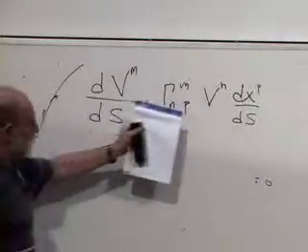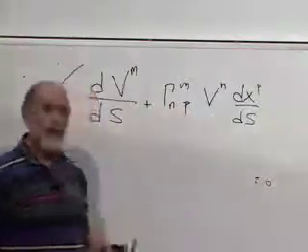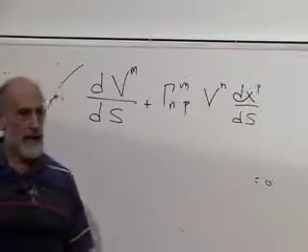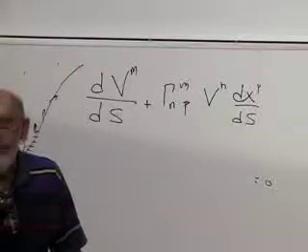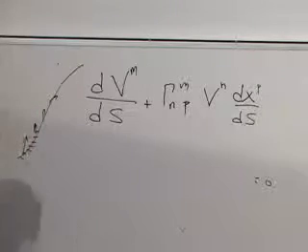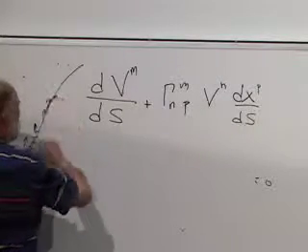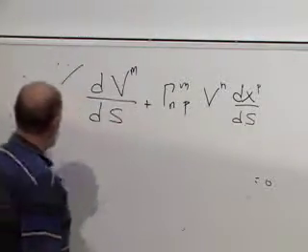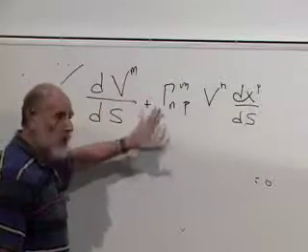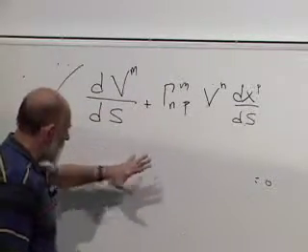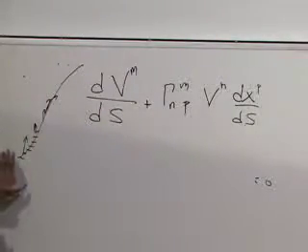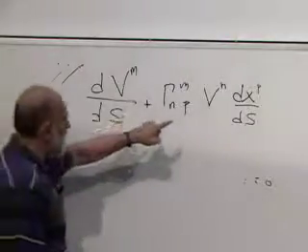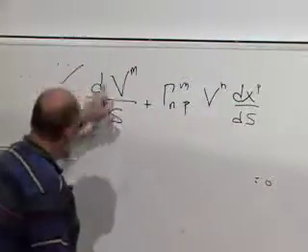Remember what this vector is? What is the name of this vector? dx by ds. That's the tangent vector. That's the tangent vector along the curve. And we worked out last time that this is the covariant derivative of a vector along a curve. Along a curve, it's the covariant derivative, where this is the tangent vector, and this is the derivative of the vector along the curve.